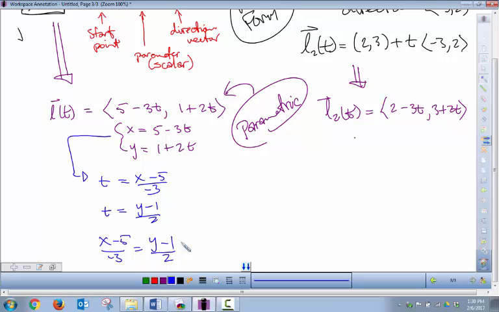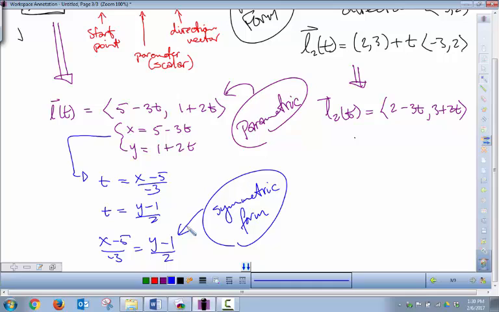So this, by the way, is called symmetric form. There's something neat about symmetric form in 2 dimensions, though.